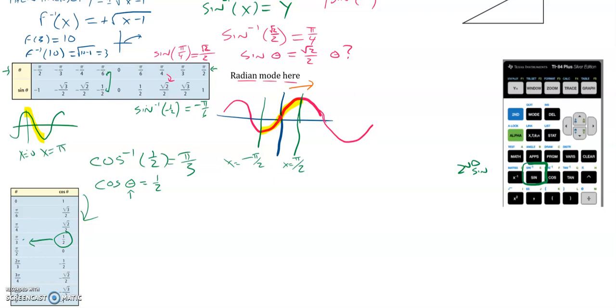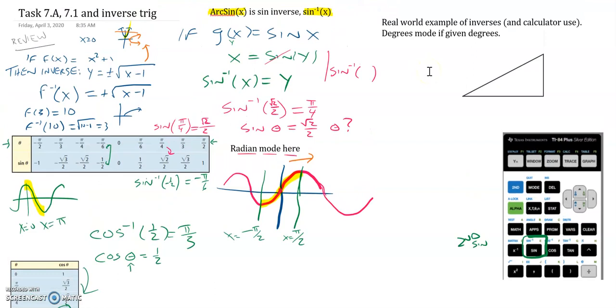I need to give you a problem that's a real-life problem of how this looks, okay? And I'm going to use tan inverse for this one. So let's say I had a right triangle. I'm going to do a real-world example here. Let's say I knew that the height of this right triangle is equal to, let's say, 15.